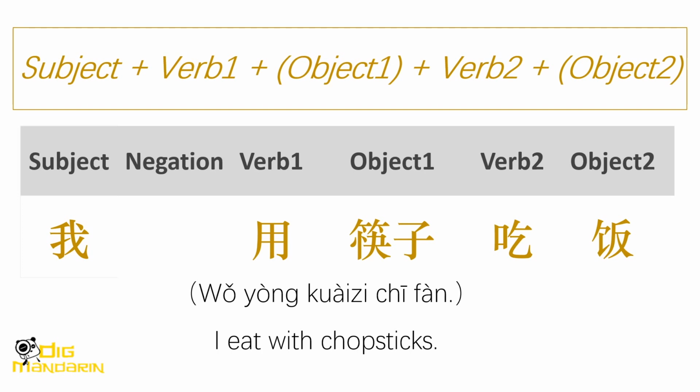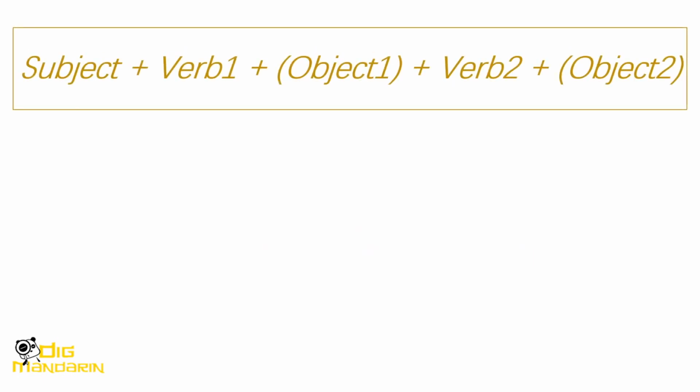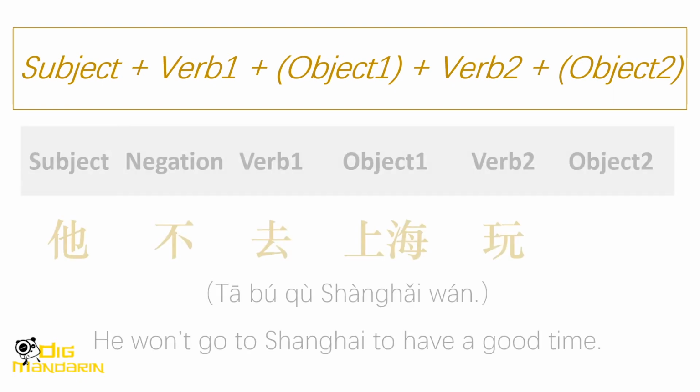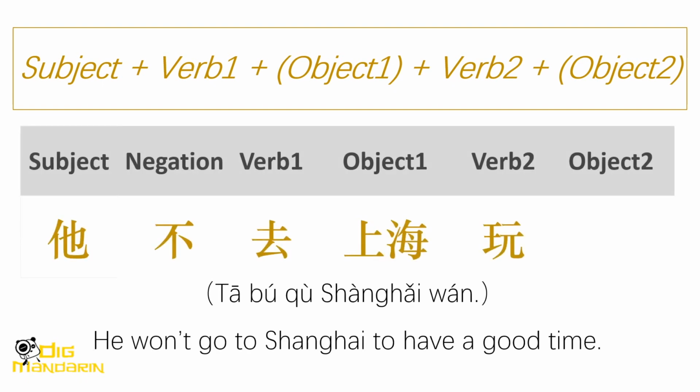Example 4. 他不去上海玩。He won't go to Shanghai to have a good time.